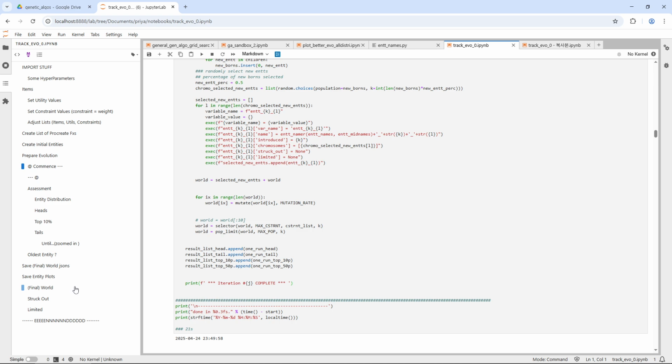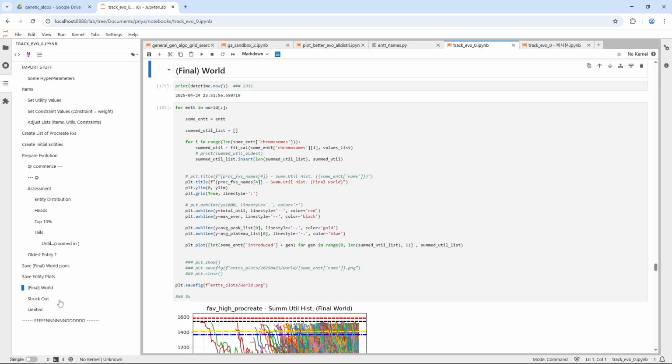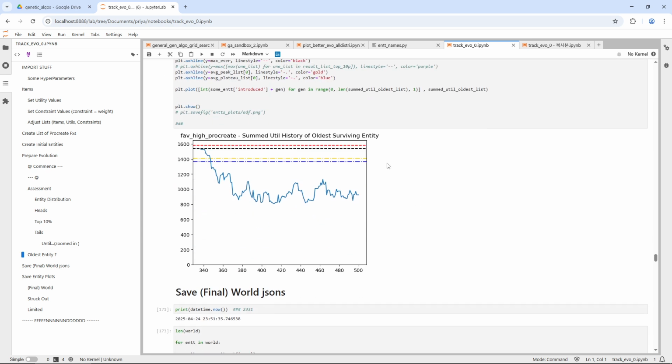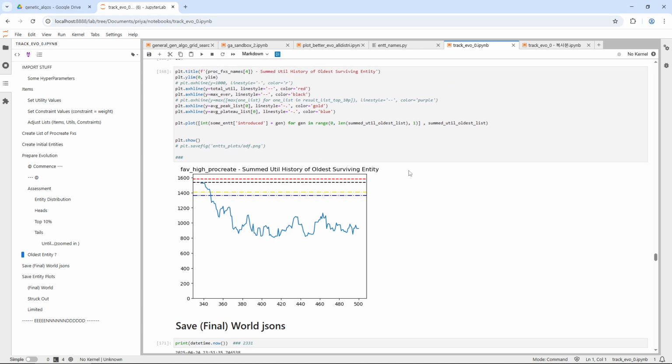I'm trying to think of a better way of doing this, because as we'll see here, now we have a plot. This is the plot, sum utility history of the oldest surviving entity within the final population, within the final world. It starts off at 1525, and then it just comes down and never recovers, which is fair enough, because there's nothing to ensure that it stays somewhere here.